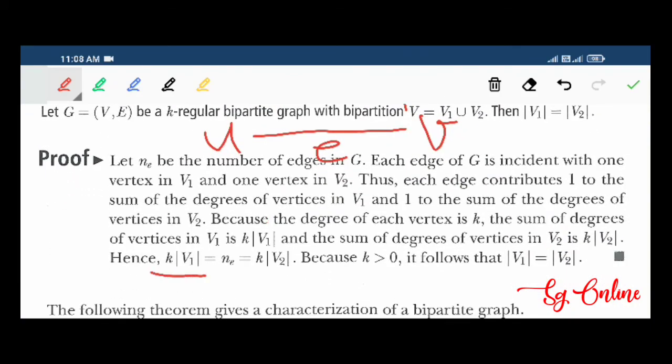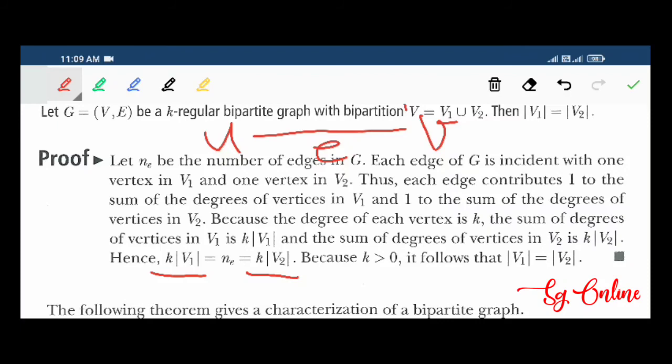So the total number of edges incident to the vertices of V1 is k times the cardinality of V1, and similarly the total number of edges incident to V2 is k times the cardinality of V2, and both are equal to the number of edges in the graph, as each edge contributes 1 to the sum of degrees of vertices of V1 and 1 to the sum of degrees of vertices of V2.